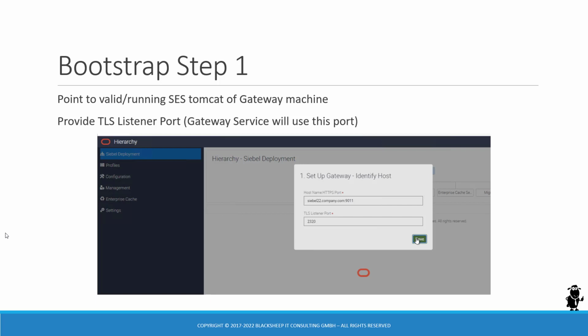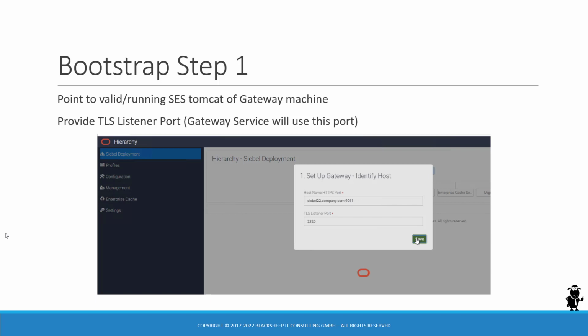For each of these Bootstrap steps, we have separate screenshots and discussions. So the first step is called Setup Gateway, Identify Host. This is what you see after the first login. And you have to specify two things: the host name and port number of the internal, or SES, Tomcat that must be running at this point in time. That is going to be your new primary gateway machine for the time being.